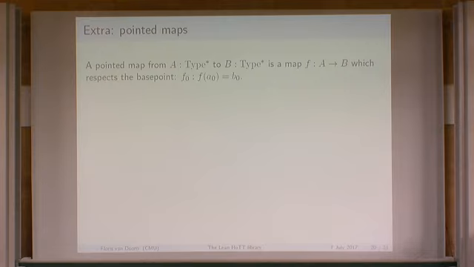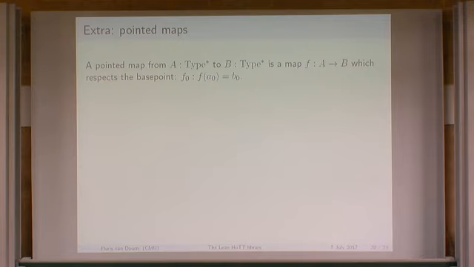So I want to do one small extra on pointed maps. This is more about how to design a library than about the HoTT library specifically. A pointed map from A to B is just a map which respects the base point.